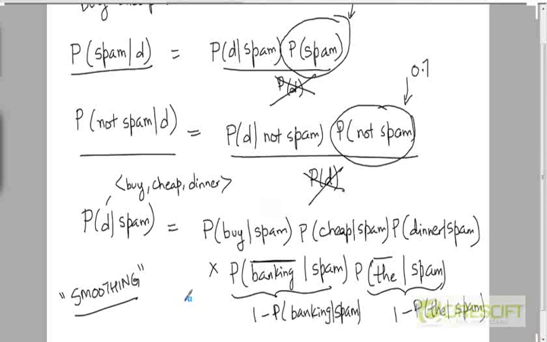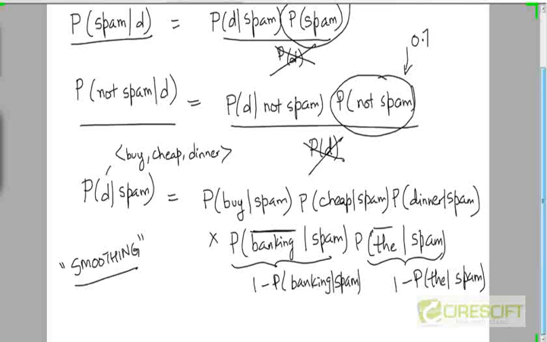Okay, so we do something called smoothing, where instead of just estimating these probabilities as some numerator divided by some denominator, we saw, for example, that the numerator would be the number of documents from the spam class.